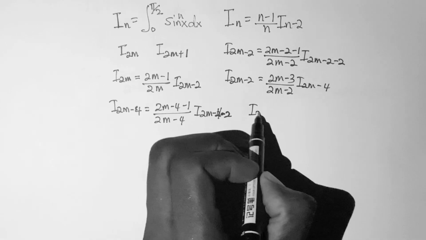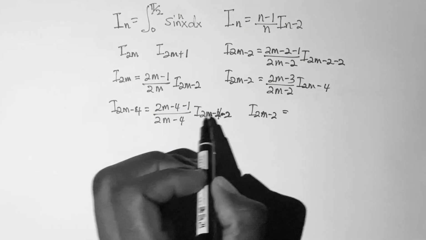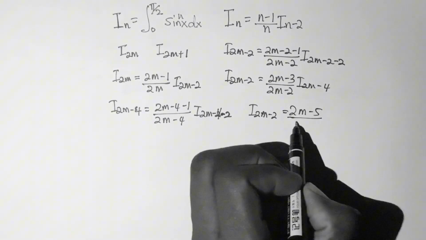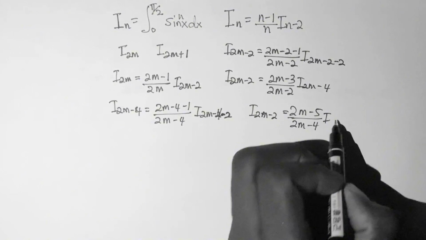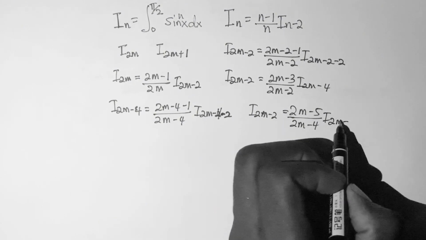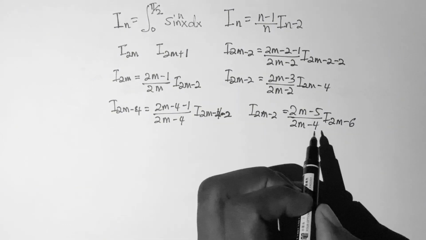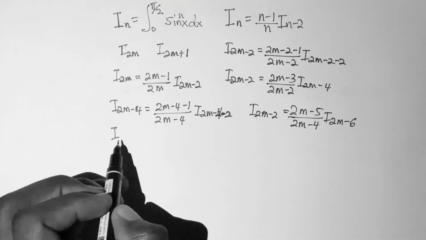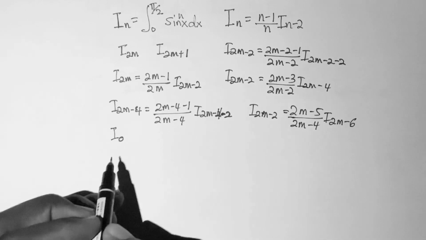So I of 2m minus 4 is equal to 2m minus 5 divided by 2m minus 4, then I of 2m minus 6. When you keep on and on, you come to the place where you get I of the smallest even number, and the smallest even number in this case is I of 0.